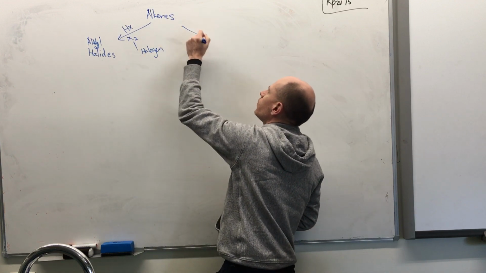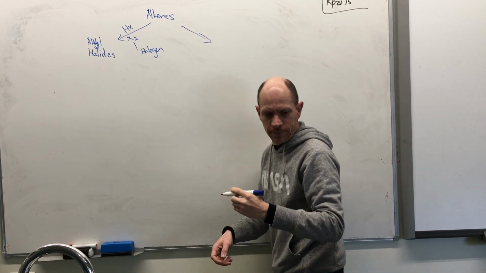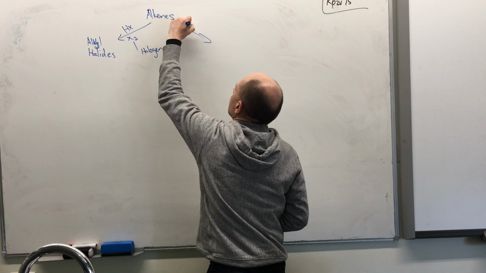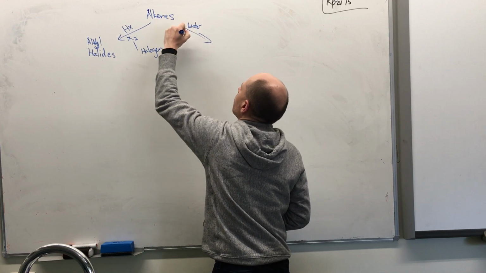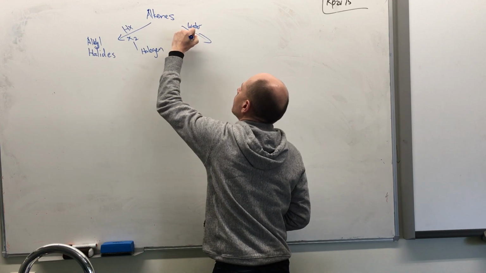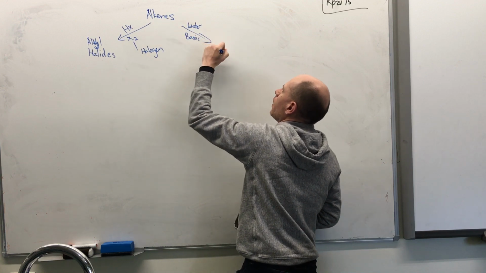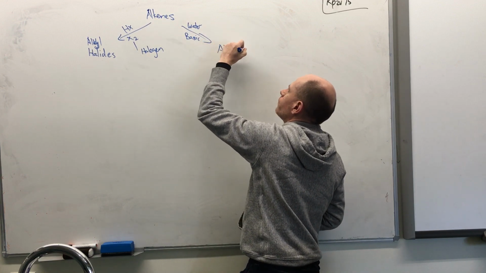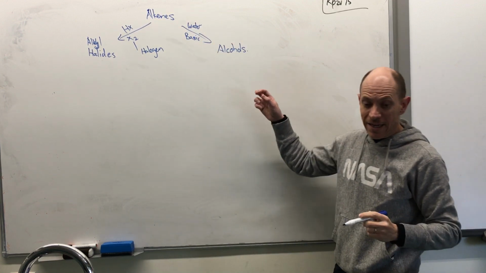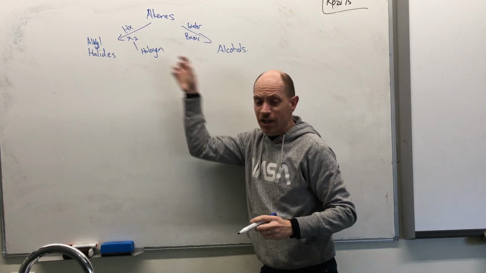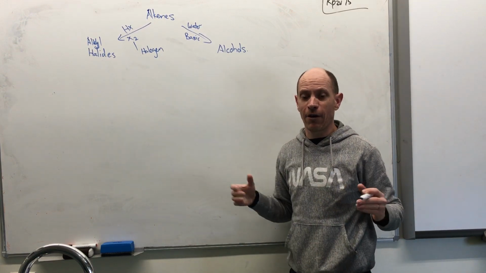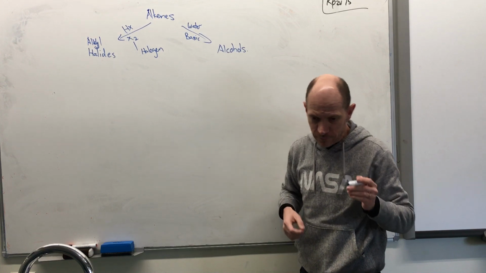And alkenes can also react with water in a basic environment to form alcohols. Okay, so from halides and alcohols, we can get to all of our other functional groups.